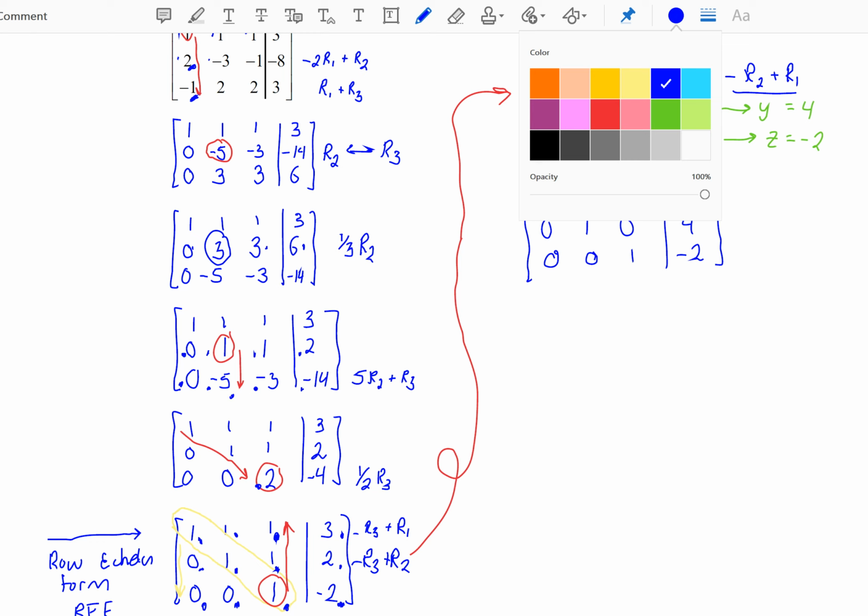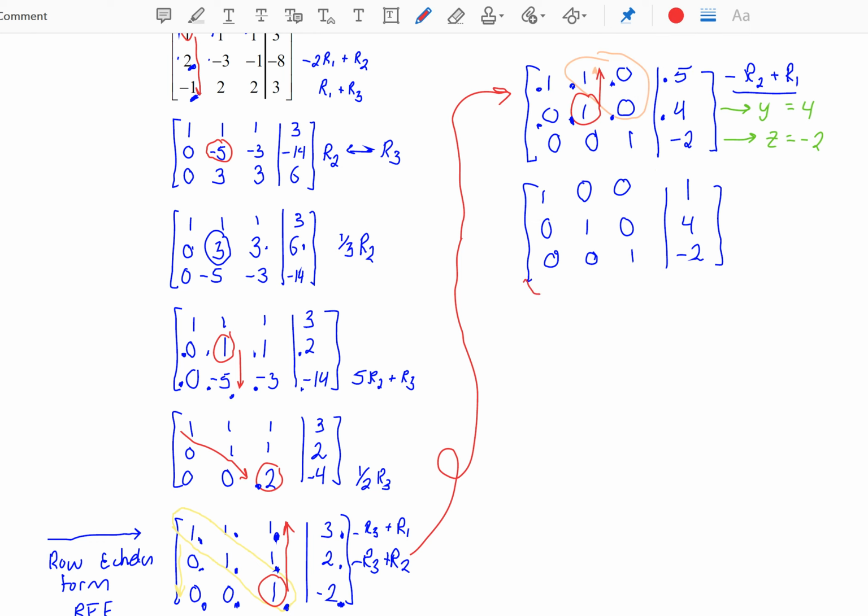And this finishes our steps because we now have the augmented matrix in reduced row echelon form.